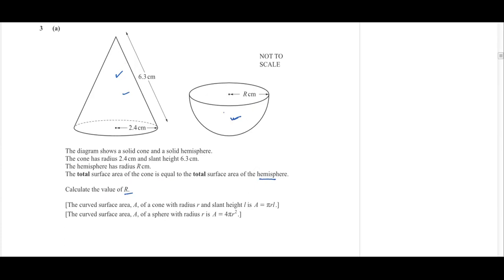So first, it is given that total surface area, for total surface area I will write shortly TSA. So what is given? It is given that the total surface area of cone is equal to total surface area of hemisphere.